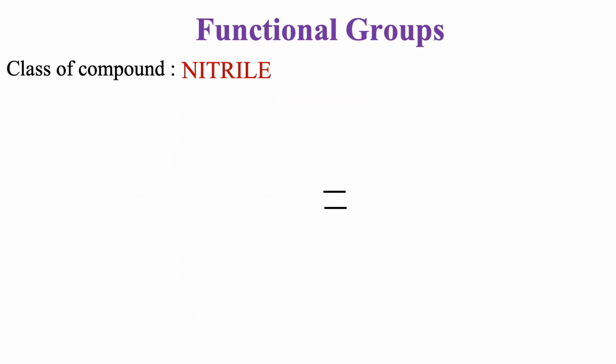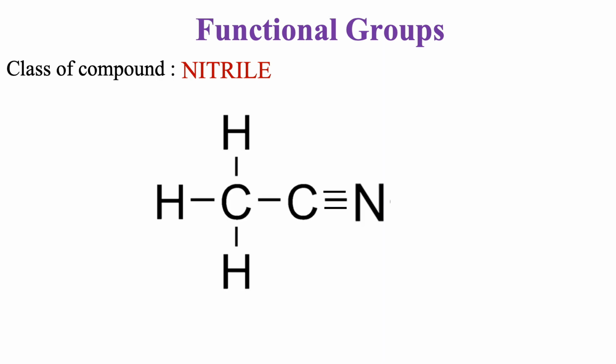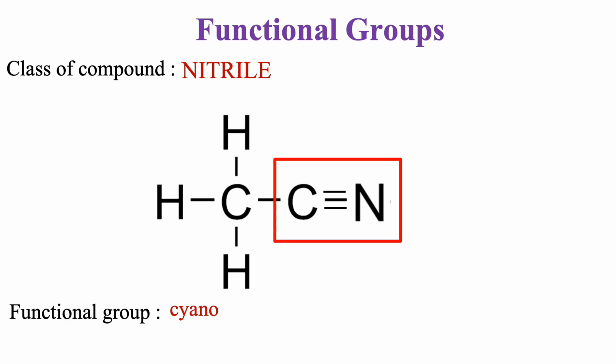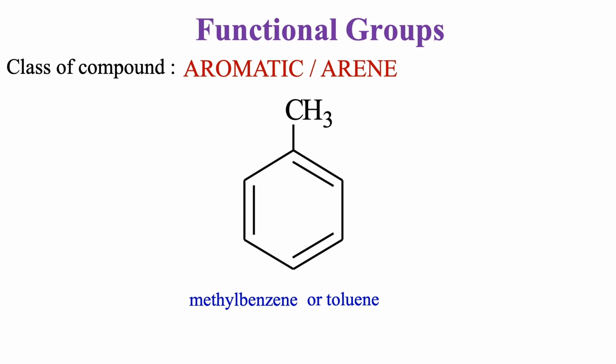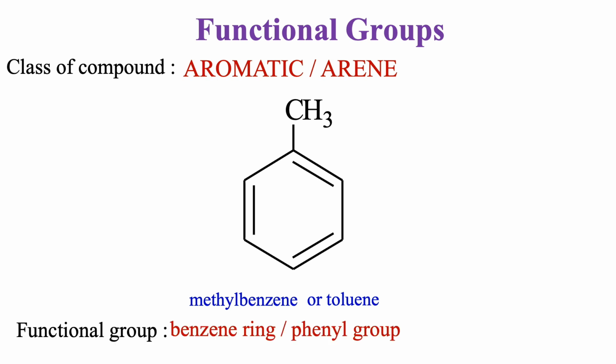The next class of compound is nitrile. This is an example of a nitrile compound, and the functional group is known as cyano. And the last class of compound is known as aromatic or arene. This is an example of an aromatic or arene compound with the functional group known as the benzene ring or phenyl group.